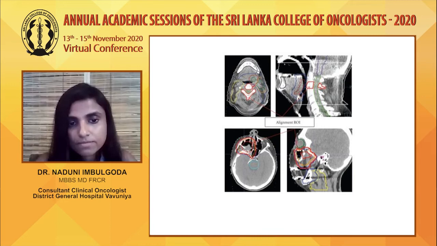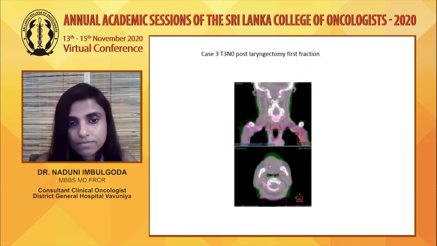The third case, a T3 N-positive post-laryngectomy patient, first fraction. So what do you do here? What can you see and what would you do? This is a cone-beam CT where, at least at Apeksha Hospital in Maharagama, the planning scan is in purple and the cone-beam CT is color coded in green.